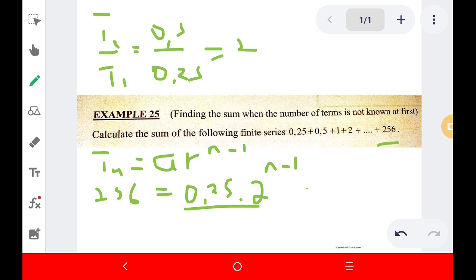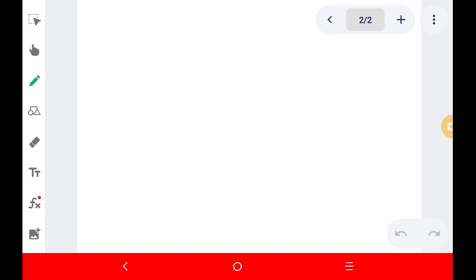Now we're simply going to divide both sides by 0.25. It gives us 1024, which is 2 to the power of n minus 1. Clearly we have done an example like this one.